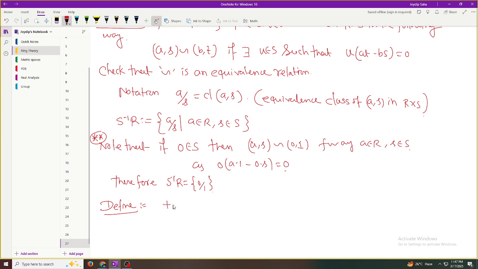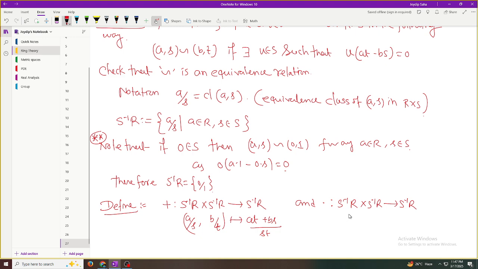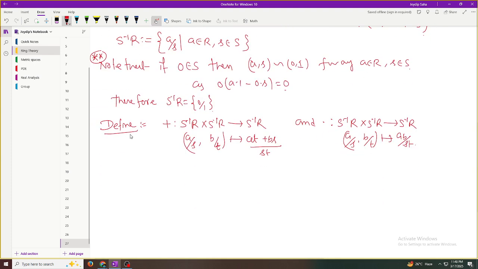Notationally define plus: S inverse R cross S inverse R to S inverse R. Elements of this set are equivalence classes of A by S, where A belongs to R, S belongs to S. A by S, B by T goes to (AT plus BS) by ST, and dot: S inverse R cross S inverse R to S inverse R, A by S, B by T goes to AB by ST. So claim: plus and dot are well defined.